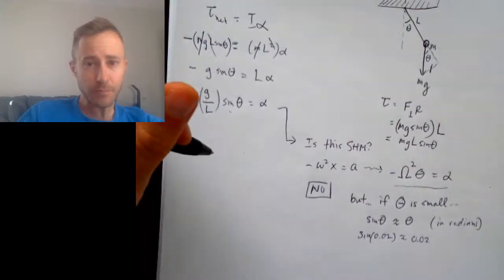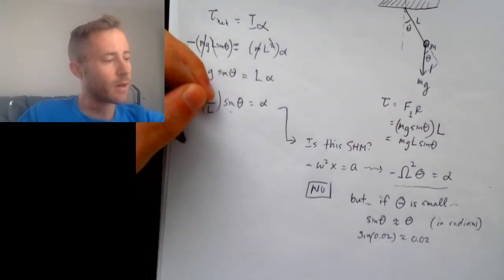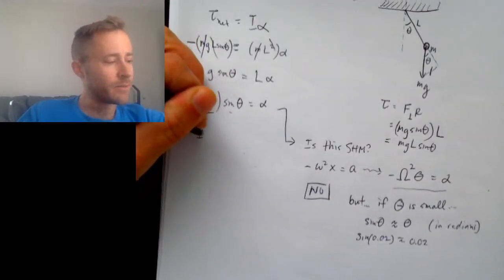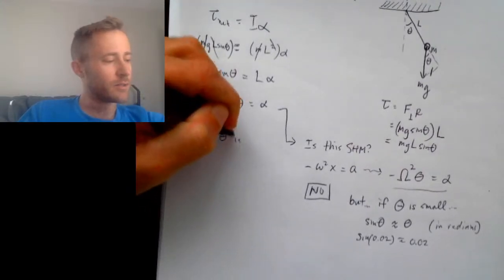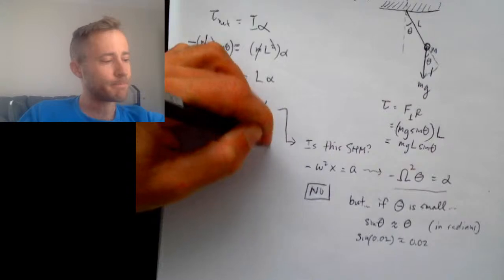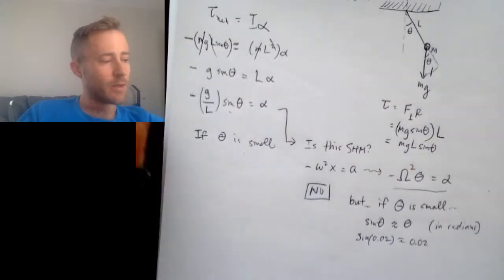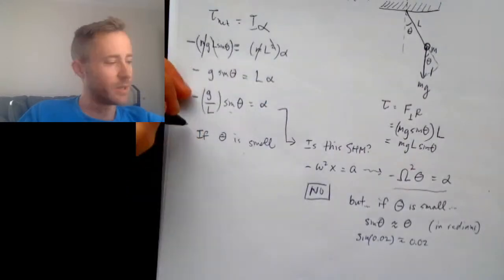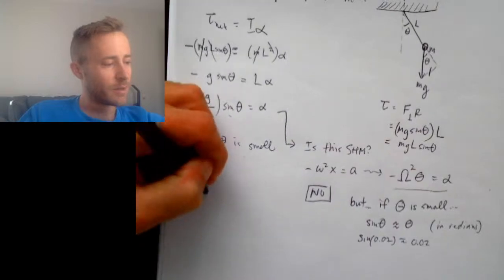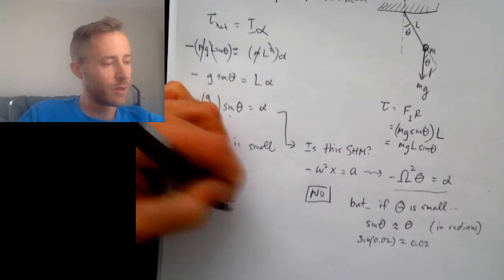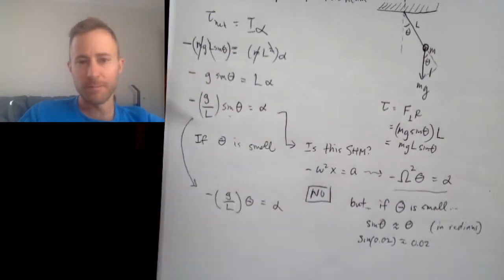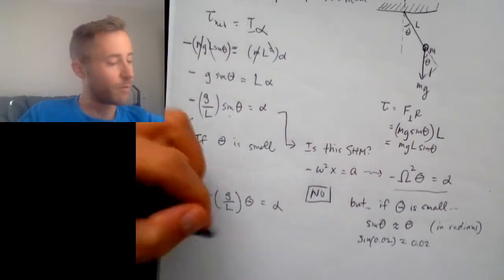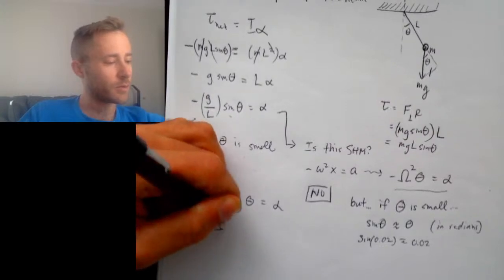So if the angle is small, then this equation becomes negative g over L times theta equals alpha. And this is the form of simple harmonic motion.